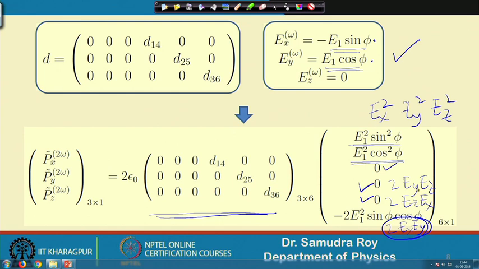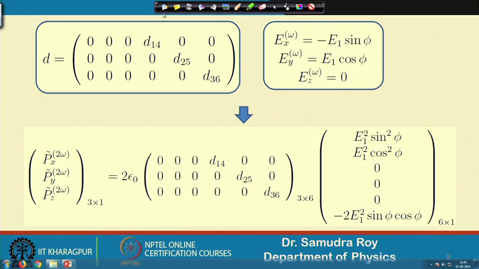So, when we have all these terms in our hand, now it is time to find out what is my p x, p y, p z. Readily we can see that p x will be 0, because in order to get p x, the fourth term will be involved, and here we should have some term, but here we have 0. So, p x will be 0. What about p y? For p y we have d 2.